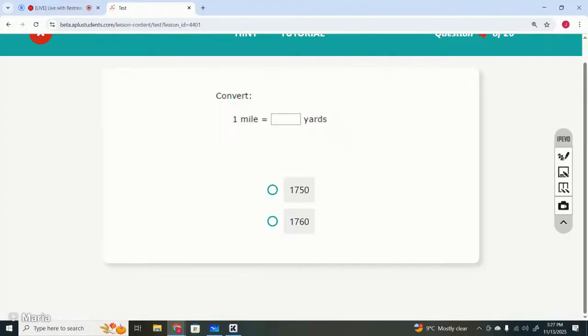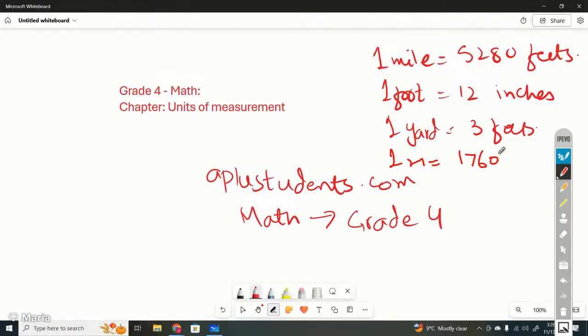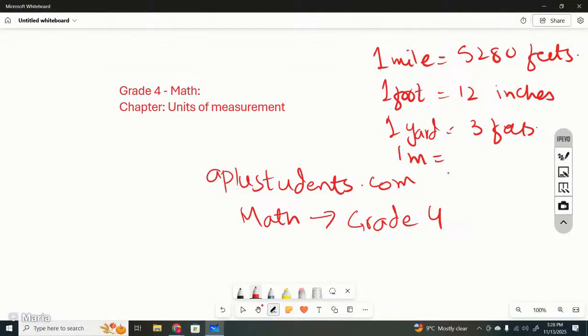So 1 mile equals how many yards? 1 mile equals 1,760 yards, right?